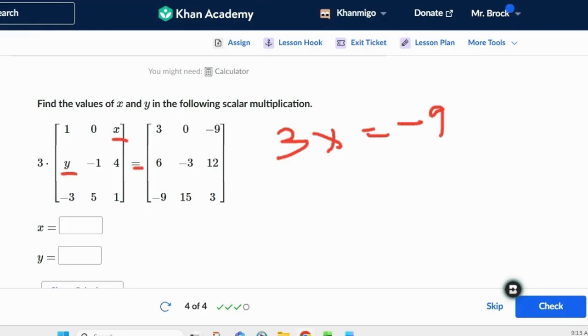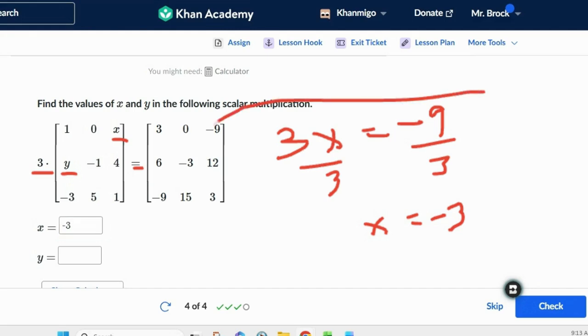If you need to write this down like this to understand it, 3 times x equals -9, and then divide both sides by 3, you're just solving for x. X is -3. If that helps you to write that down, by all means, write that down and solve for x.